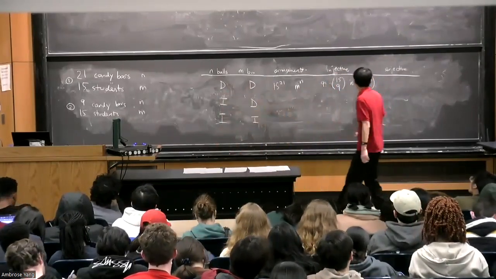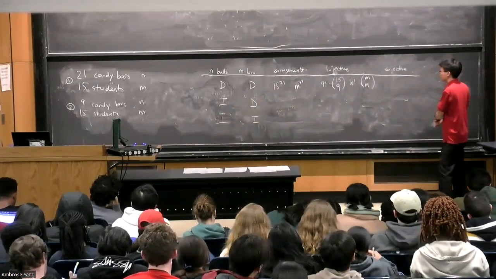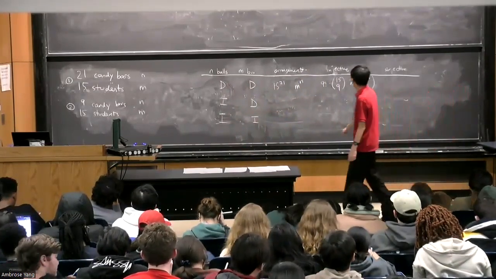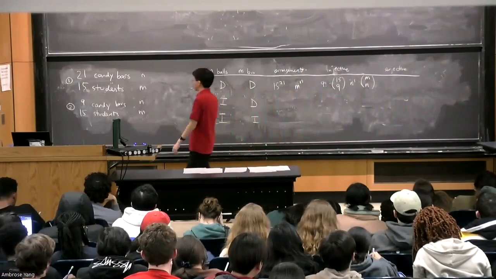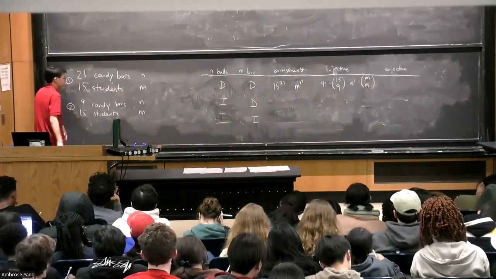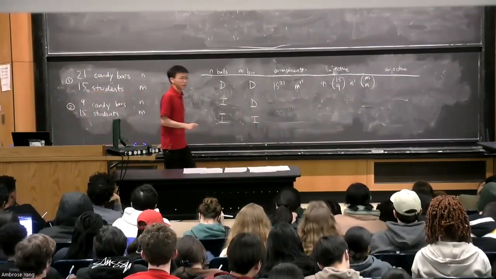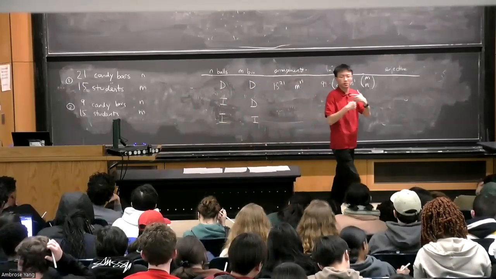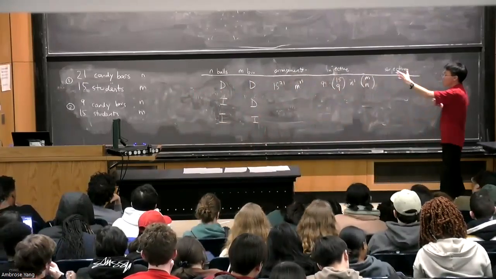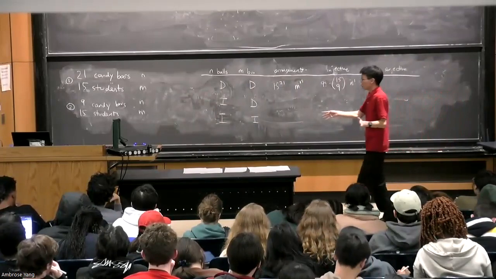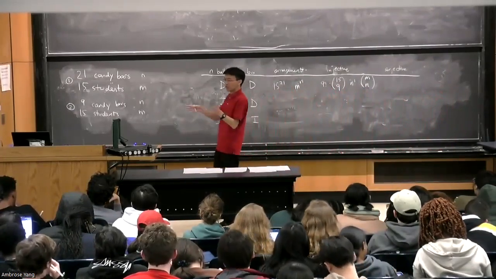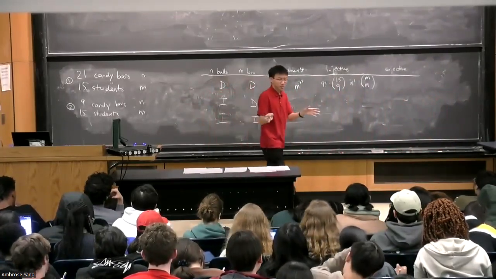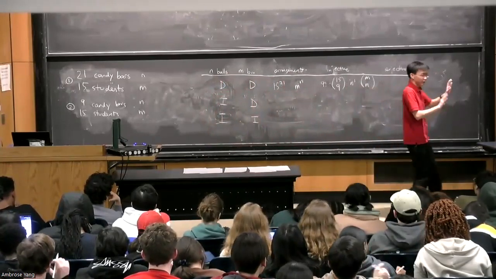Now, how about these surjective arrangements? Perhaps in this case, it's better to think about scenario 1, where you have more candy bars than students. First, I want to distribute the candy bars into the bins so that this is surjective, so I don't want any of them to be empty.